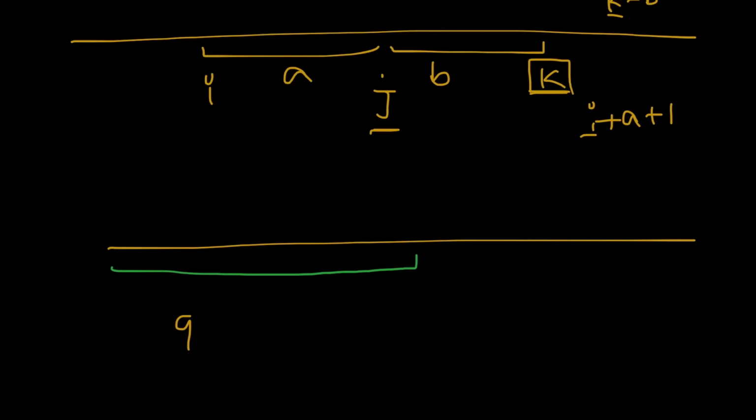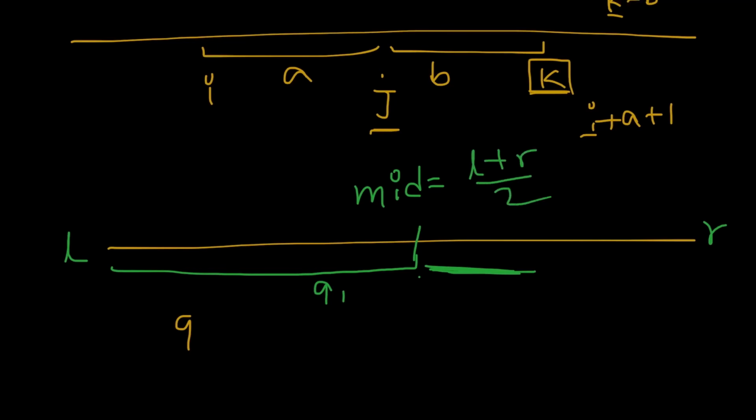Let's say this is Q1. Now if I see that the number of inversions is less than Q, that means there are also inversions in this portion, so K will be somewhere after mid. Here, let's say this is L, this is R, and this is mid. Mid is equal to L plus R by 2. That is a normal binary search.